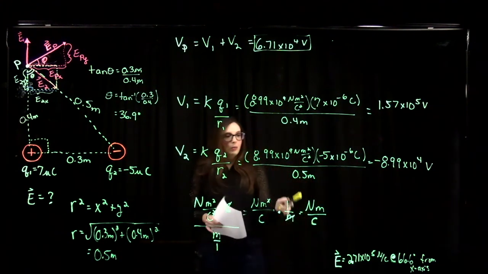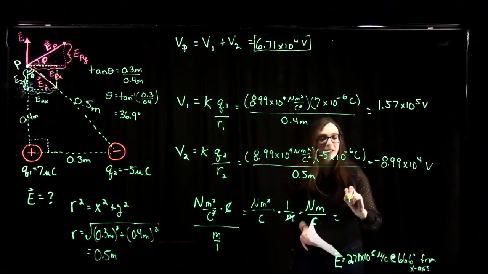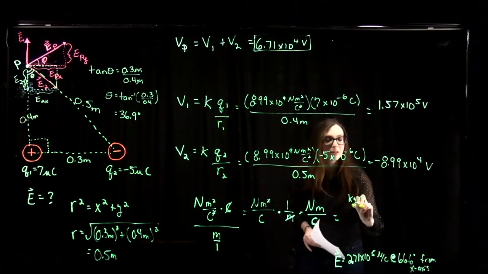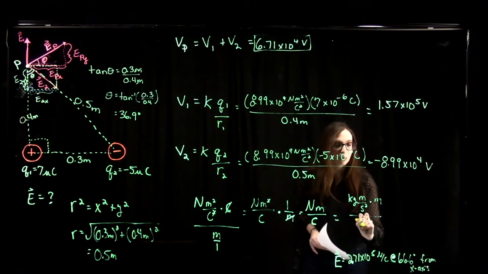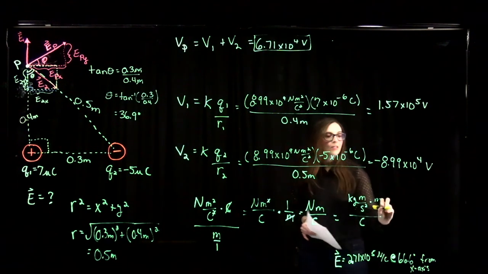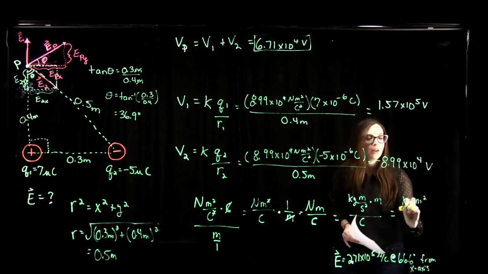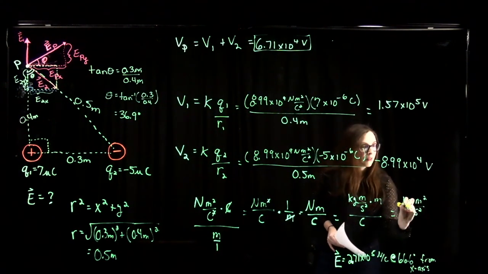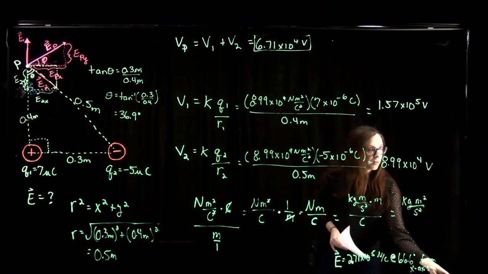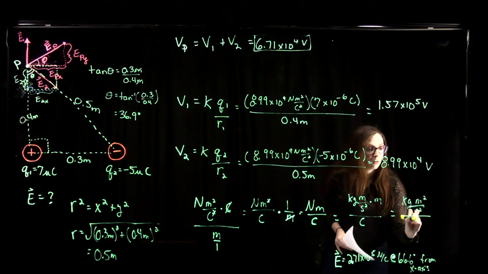Okay, well, let's see. 1 Newton is a kilogram meter per second squared. And we're multiplying it by a meter. And then we're dividing it by Coulomb. Well, finally, we've got a kilogram meters squared over seconds squared on the top, and we're dividing it by this unit, Coulomb.